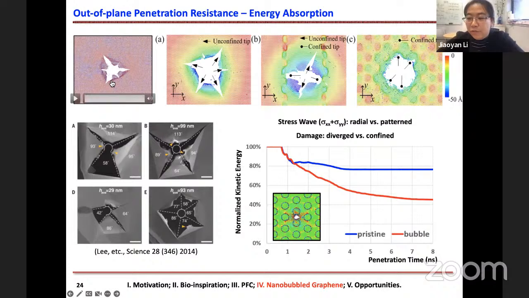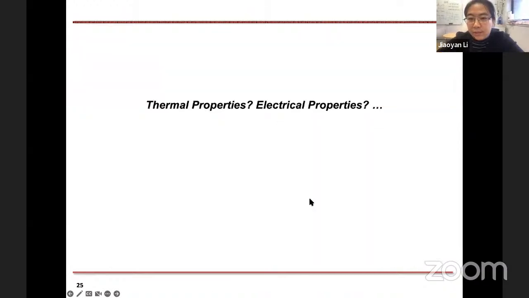We show quite similar phenomena, and we compare this with the case of bullet impact on a nanobubbled graphene, and we see some kind of confined trapping area to resist the out-of-plane impact energy. In the bottom picture, the horizontal axis is the penetration time, and the vertical axis is the kinetic energy. The results show that the bubbled graphene can absorb more than 200% energy during the penetration process.